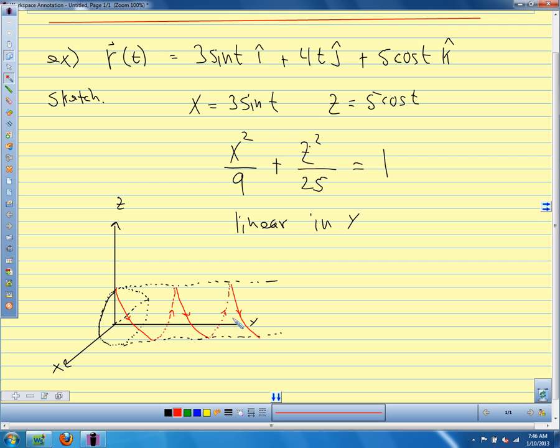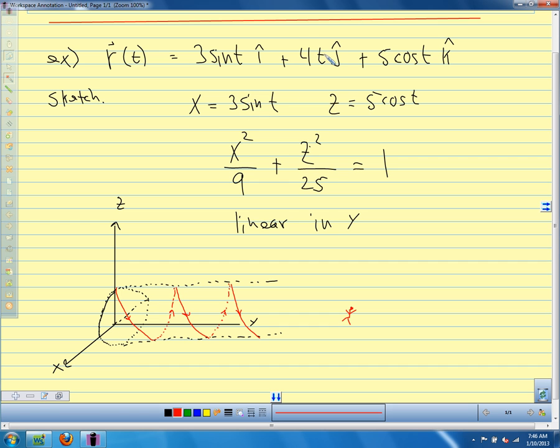How do you know it's spiraling? If we project the motion onto the xz plane, as t increases, it's going to go around this ellipse. So if we were along the y-axis, standing here looking at it, we would see the motion go along this ellipse.